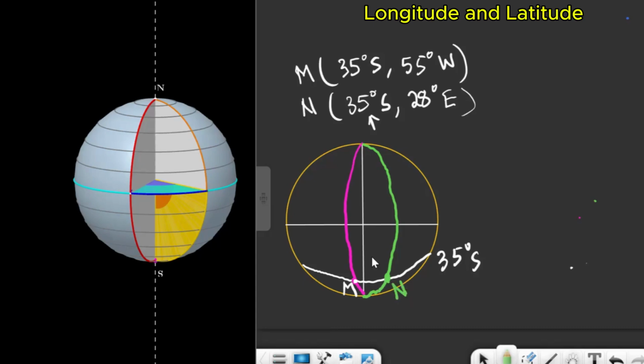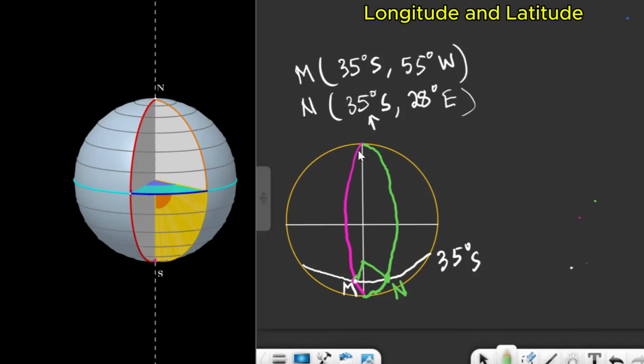Remember that these 2 points, M and N, are on a small circle, the circle of latitude 35 degrees south. Of course, the center of this small circle would be here.